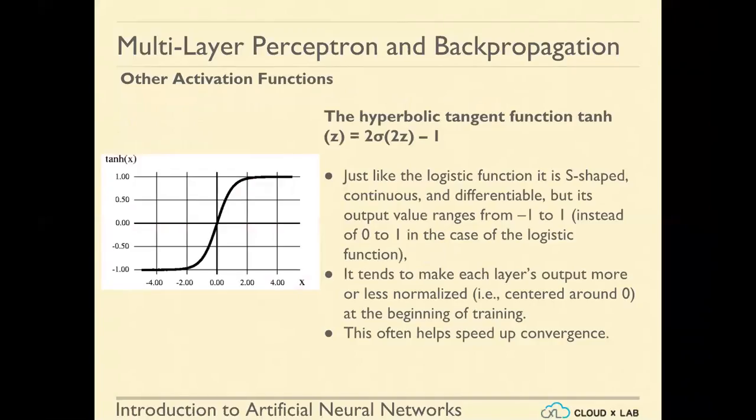And basically the hyperbolic tangent function helps speed up the convergence and so on.